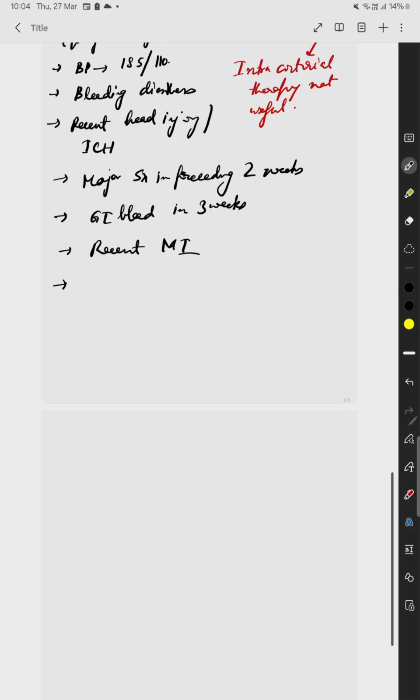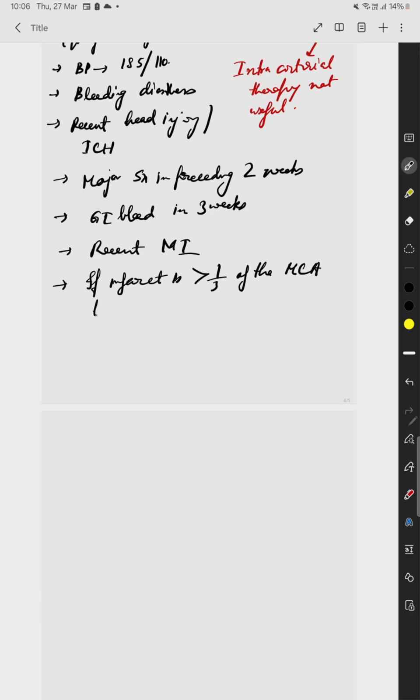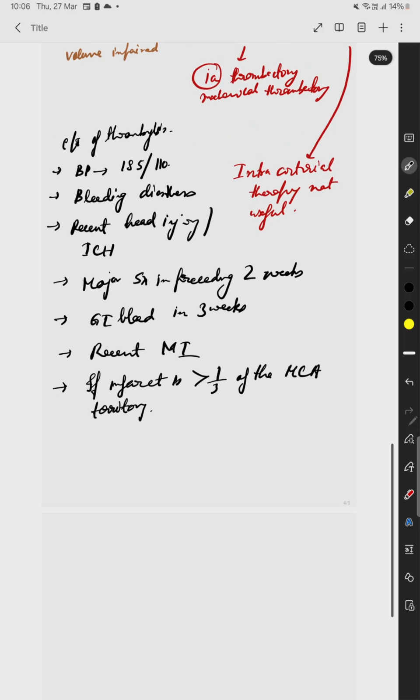The last point is the ischemic zone: if the infarct is more than 1/3 of the MCA territory, because then there is a chance of hemorrhage.